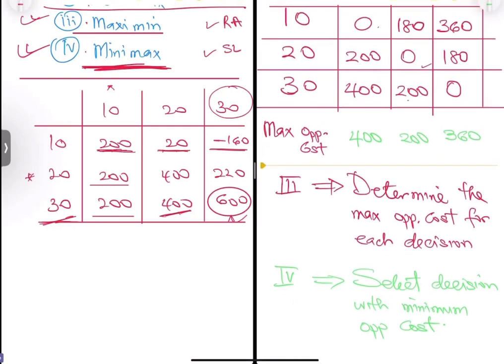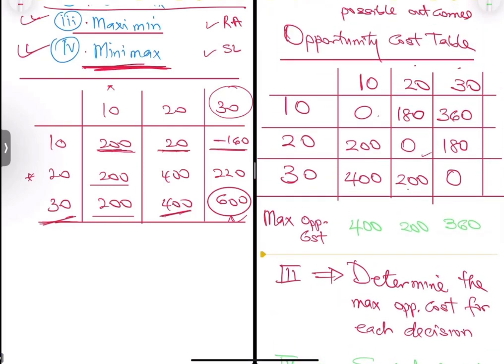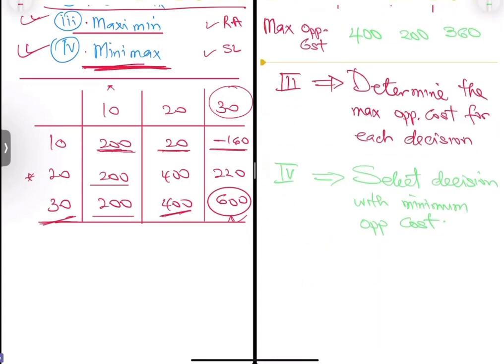And with this example, what decision are we going to be taking? Buying 20. The minimum. Exactly. So which means we're going to buy 20. And that is it.